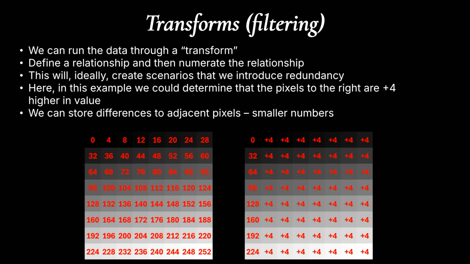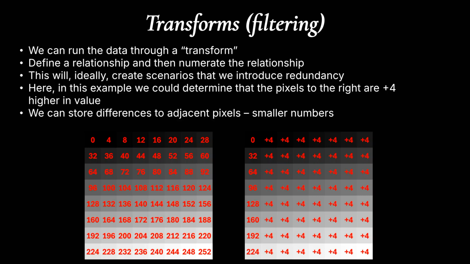So what we're trying to do with these transforms is to transform our hard to compress image data that doesn't fit our nice compression schemes into something more compressible, basically. So it's like a middle ground. It's a middle step between our idealized data and the compression schemes that actually work really well that we know of. So in this example, we can say that it's +4 whenever you go to the right.